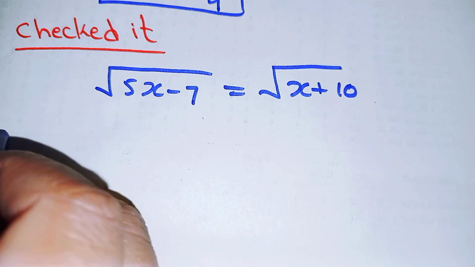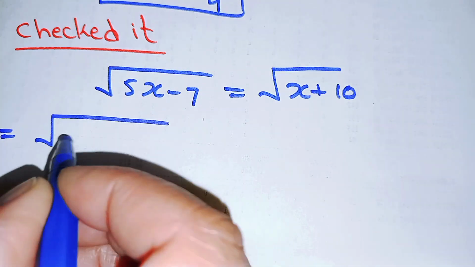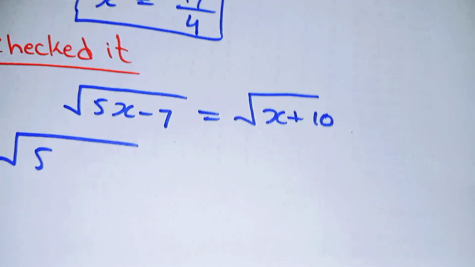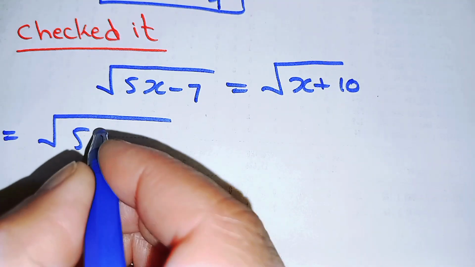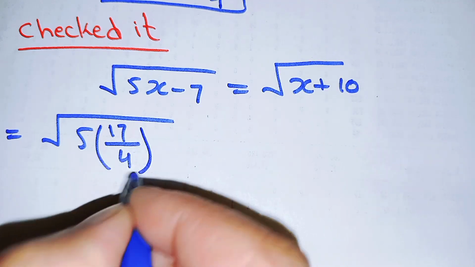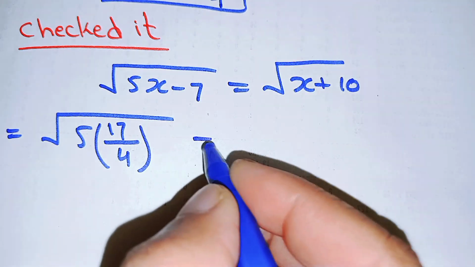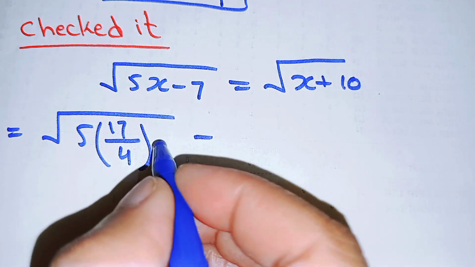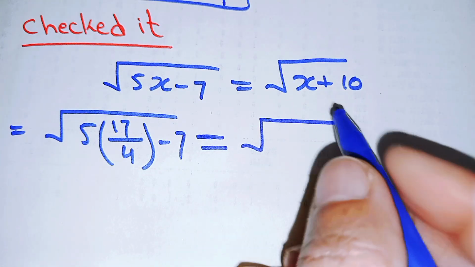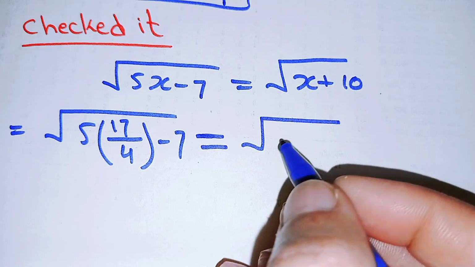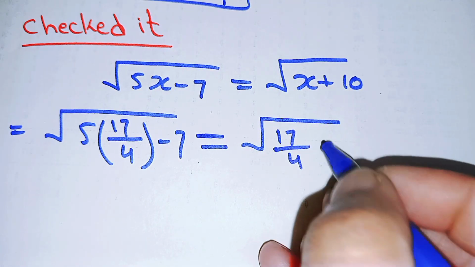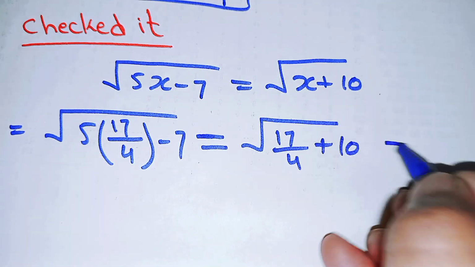So it can be written as square root of 5 and x the value is 17 over 4. So we put 17 over 4 and then same as it is, then minus 7 is equal to square root of x, the value is 17 over 4, and then plus this 10 is equal to 0.